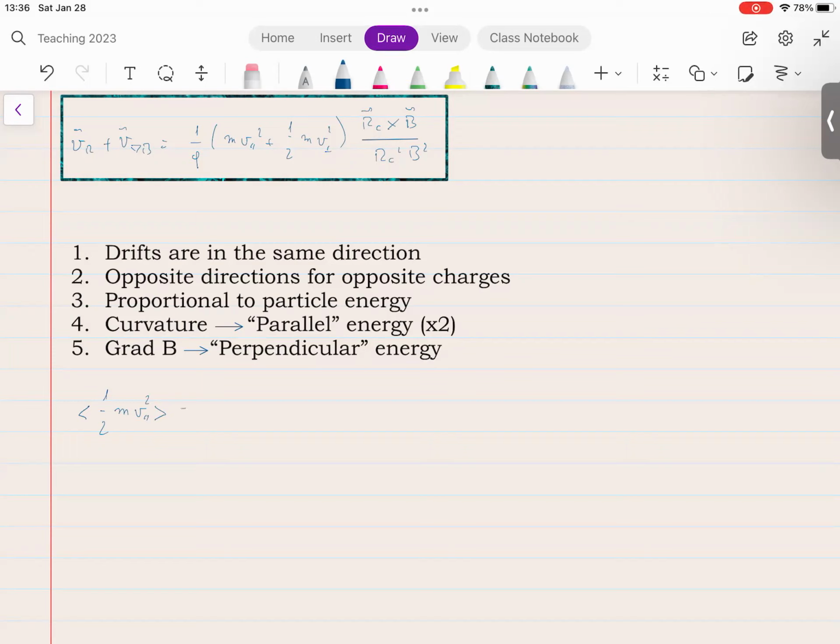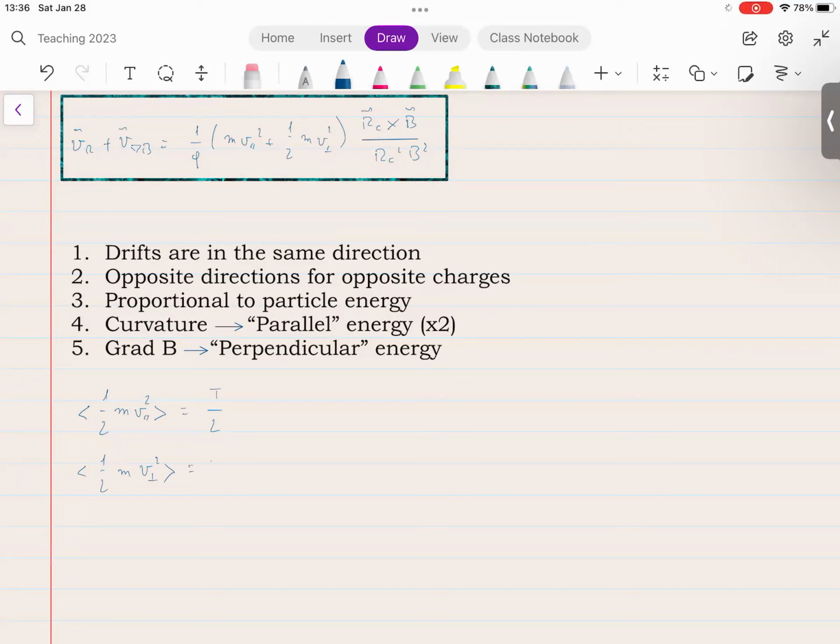Well, this is going to be T over 2 for a thermal distribution of particles, and the same for the average of the kinetic energy calculated using the perpendicular velocity.